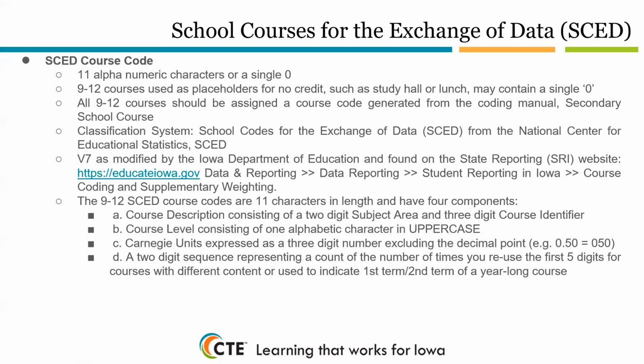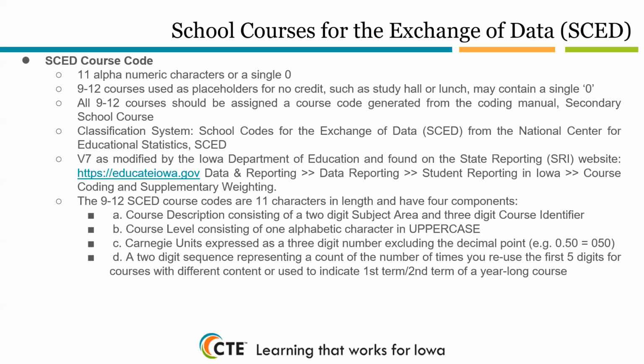In this PowerPoint, I will be covering just some of the finer details on how the work-based learning SCED codes fit into the picture of CTE reporting here in Iowa. The 9 to 12 SCED course codes are 11 characters in length total, and they have 4 main components. First, the course description consisting of a 2-digit subject area and 3-digit course identifier.